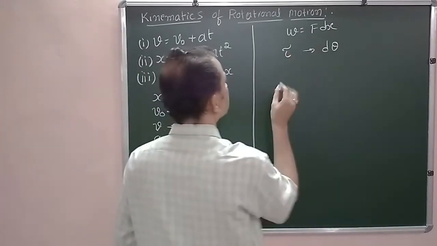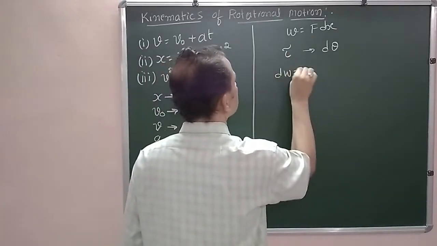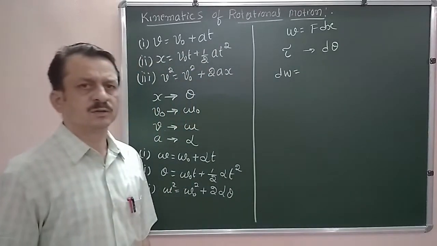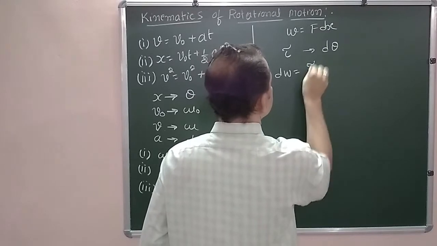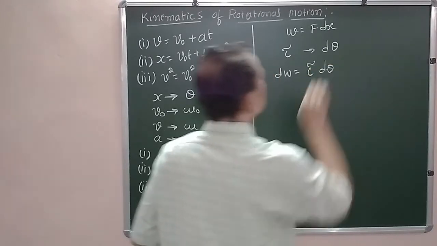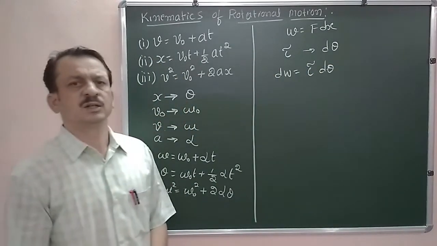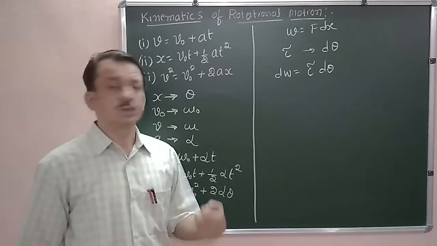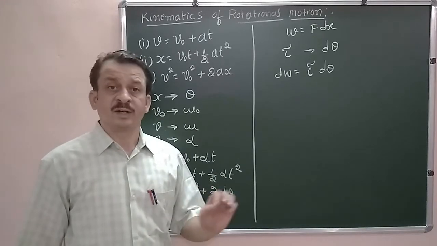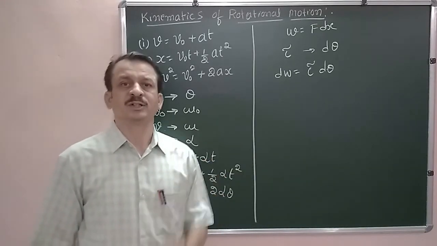Then according to the definition of work done, the small amount of work done is given by, similar to the linear equation, tau into d theta. The product of torque and the angular displacement gives work done in rotational motion.